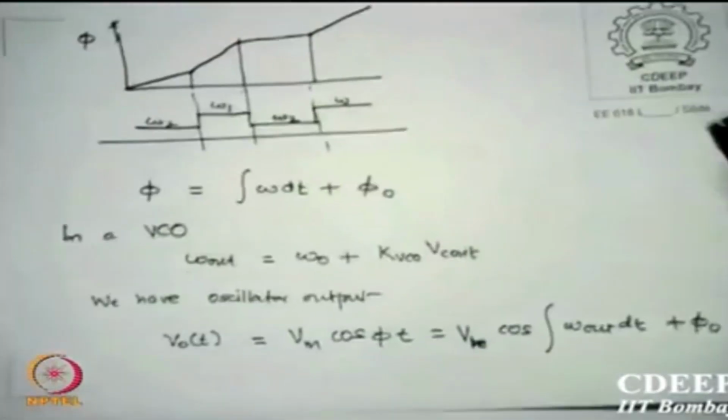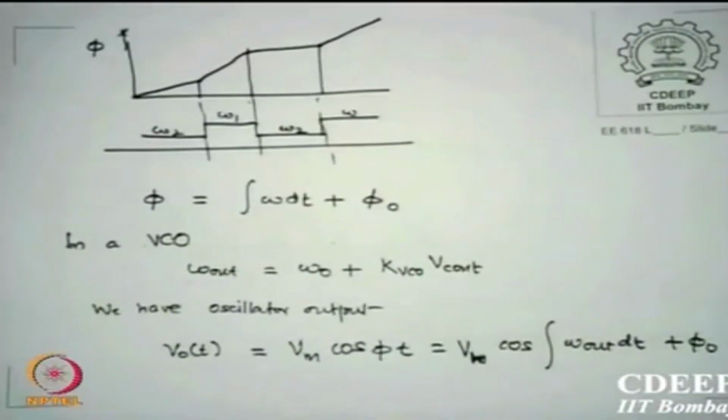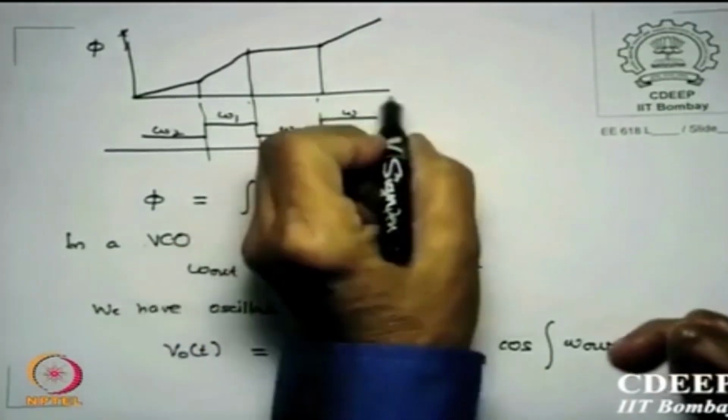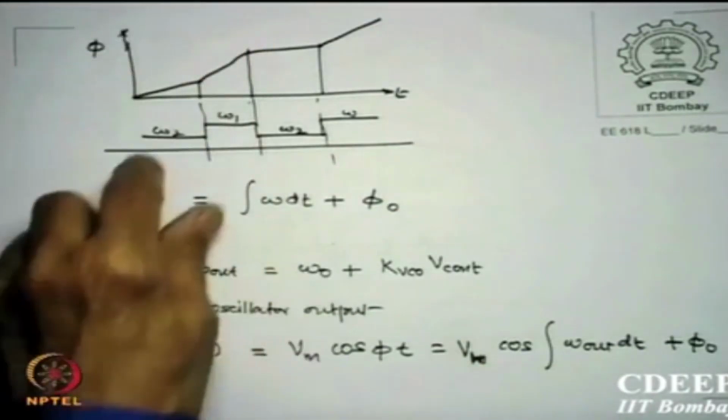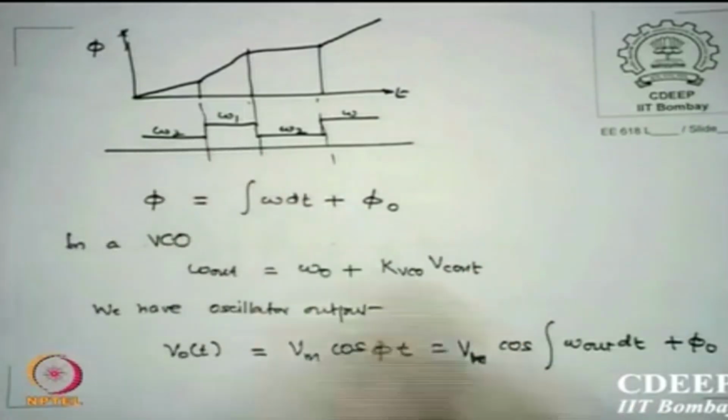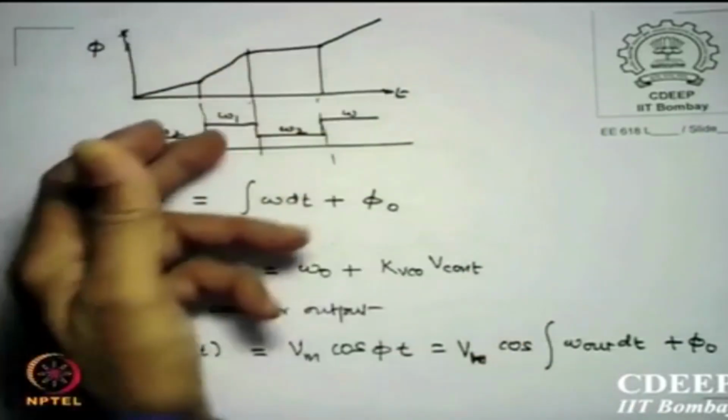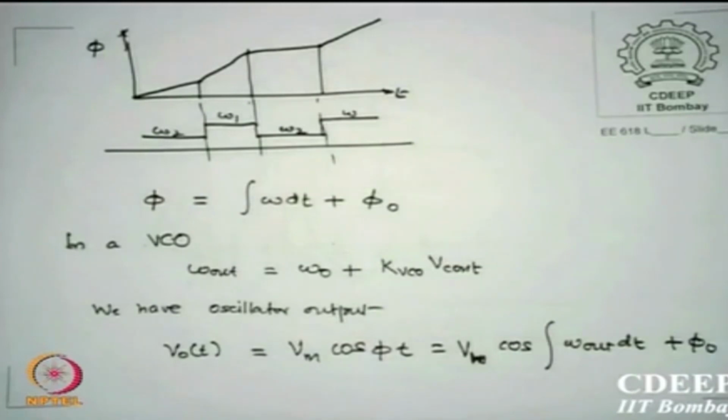And therefore we can represent any phi versus t curve into its equivalent omega curve. So if this is a slope, then it has a frequency omega 2; with a higher slope, it has a frequency higher than omega 2, which is omega 1.